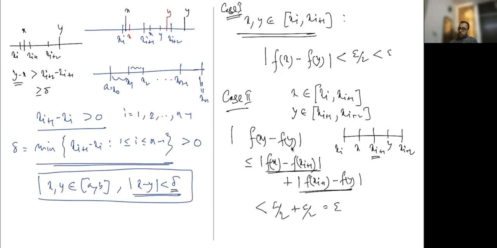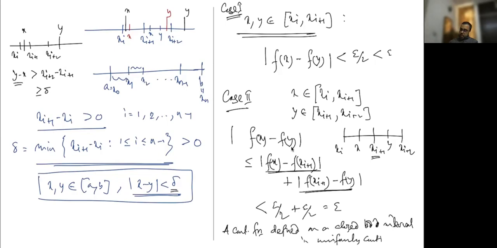So what you get as a corollary of the earlier theorem is that a continuous function defined on a closed bounded interval is uniformly continuous.